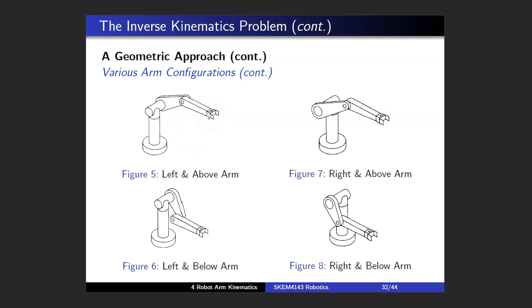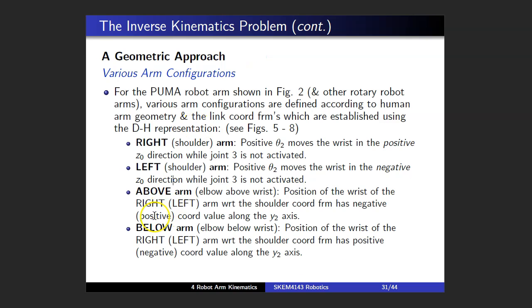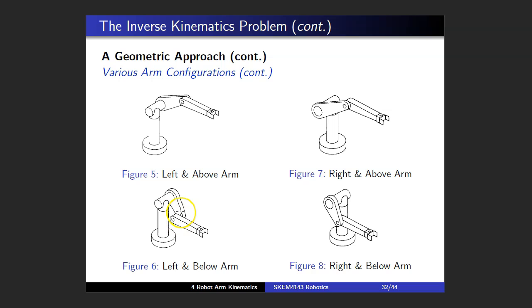This is the position of the wrist. It is positive y2. And how about below arm? This is below arm. Where is y2? y2 is pointing this way. This is the positive direction. This is the negative part of y2. Now the position of the wrist is indeed negative y2.